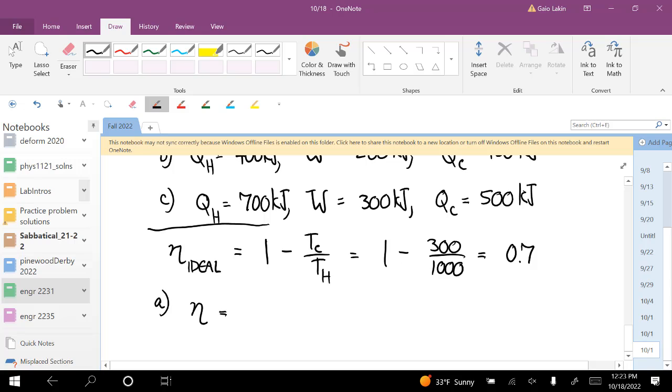Okay, so to get the actual, we're just going to be comparing the actual to the ideal, and also looking at the numbers and making sure it makes sense with the first law. So this is equal to work over QH, which is 300 kilojoules over 600 kilojoules, so that's 0.5.